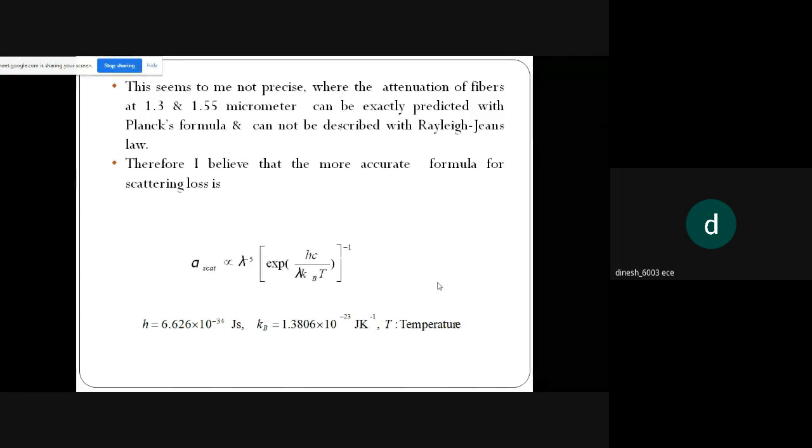The attenuation of the fibers at around 1.3 and 1.55 micrometer can be exactly predicted by Planck's formula.